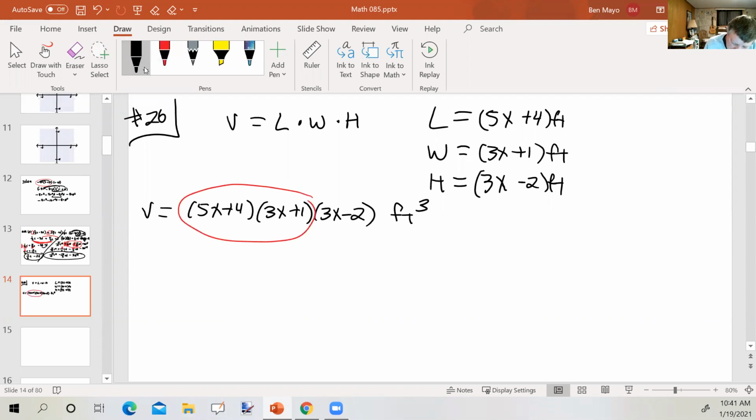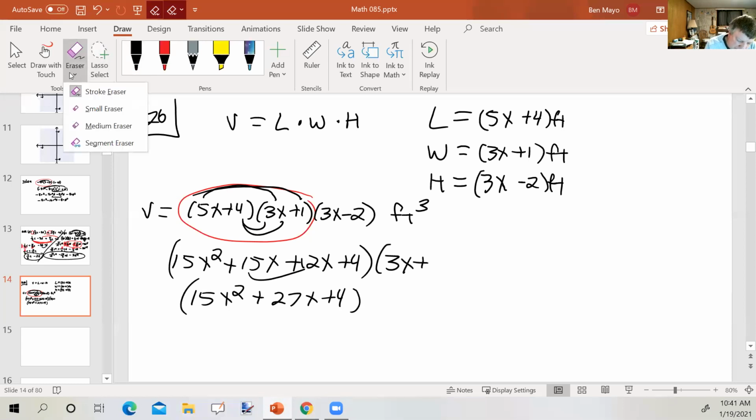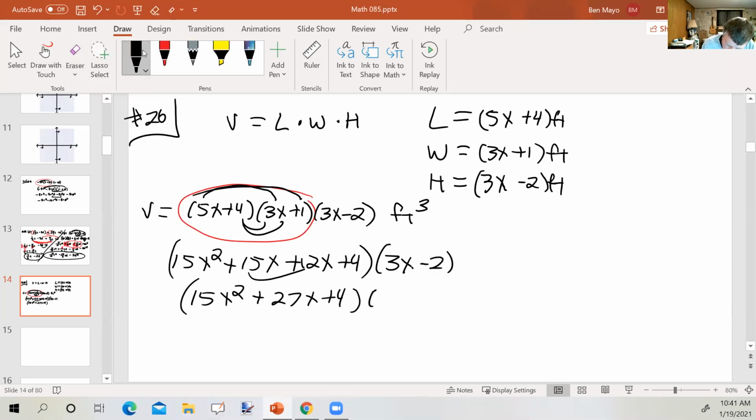I'll FOIL those together and I'll get 15x squared plus 15x plus 12x plus 4, which simplifies into 15x squared plus 27x plus 4. So all of that is going to get multiplied by, whoops, not plus, but minus, 3x minus 2. And again, this is going to be cubic feet.